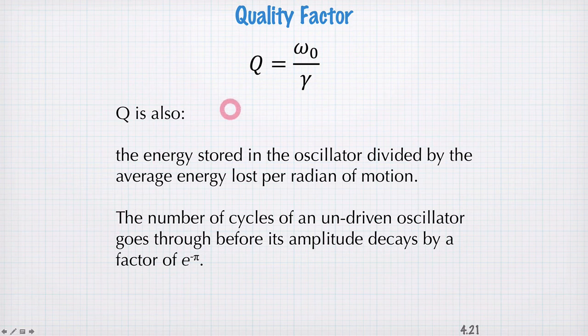The quality factor, omega naught on gamma, is also the energy stored in the oscillator divided by the average energy lost per radian of motion, and it's also the number of cycles an undriven oscillator goes through before its amplitude decays by a factor of e to the negative pi. These two things are equal also to the Q factor, and that's something that you can prove.